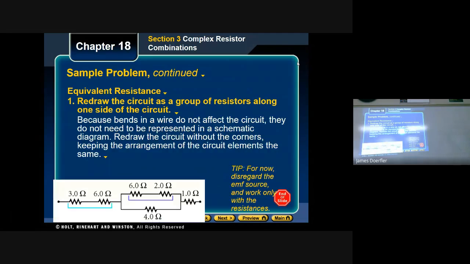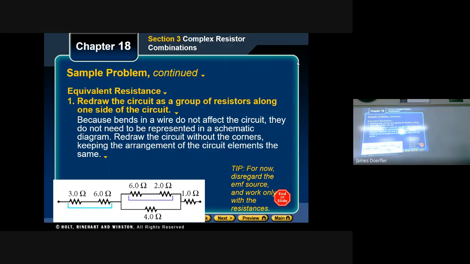As I mentioned, disconnect the wires from the battery, place it in a more linear fashion, and then begin grouping your like resistors together. For instance, these two, the 3 and the 6, how are they wired together?